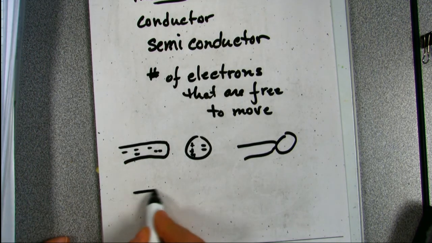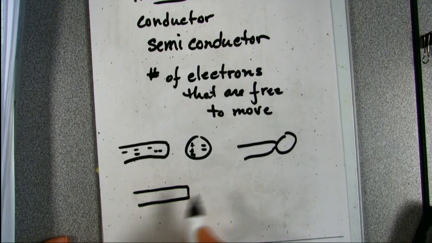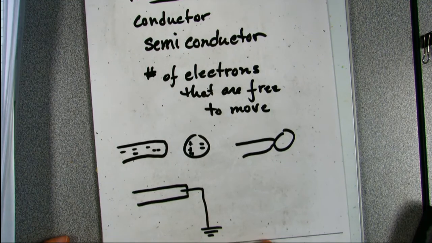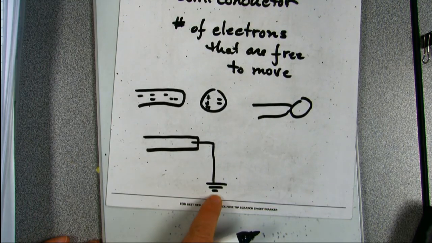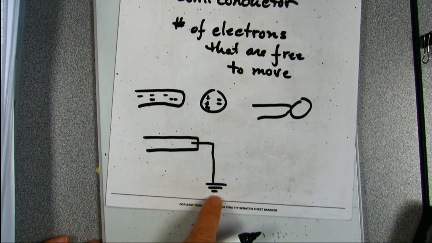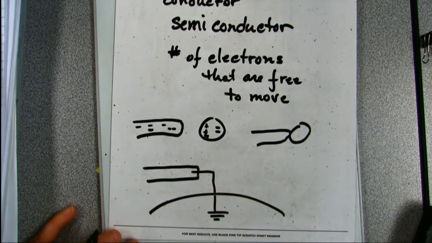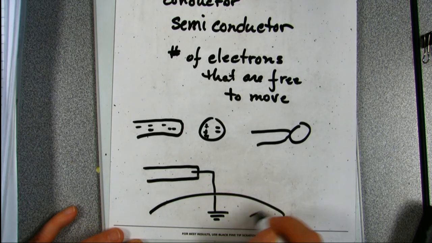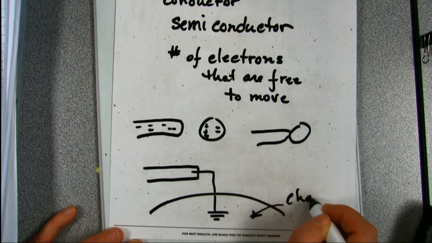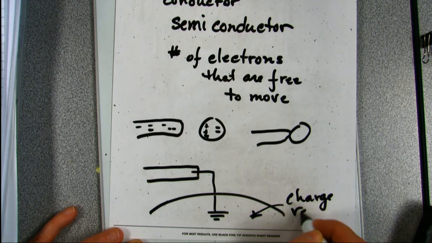And then if we talk about grounding, so I have a rod that's grounded, and usually we draw a ground. If I ever see an electrical diagram with that, that's a ground, because the earth is a huge charge reservoir. Is that because of the magnetic field, or?